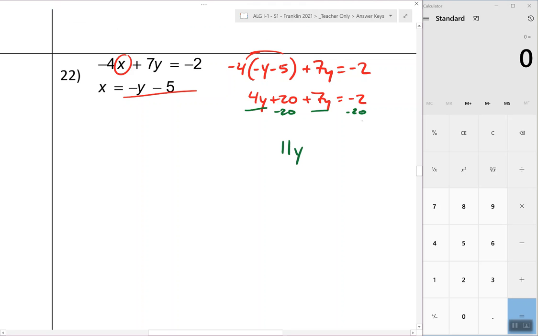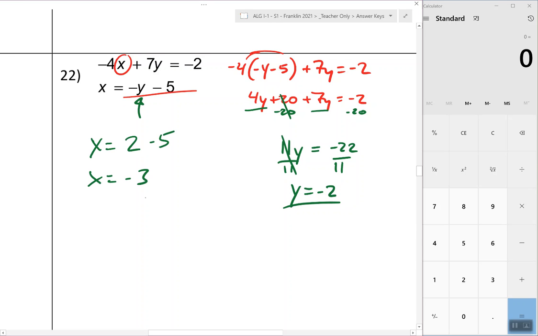Also subtracting 20, it's going to give us -22. And so when you divide, y equals -2. Then you can plug that in right here. So -2, which is +2, minus 5, x equals -3. So the solution is -3, -2.